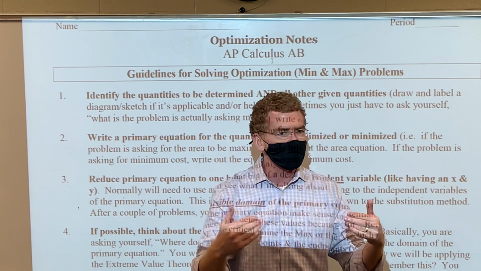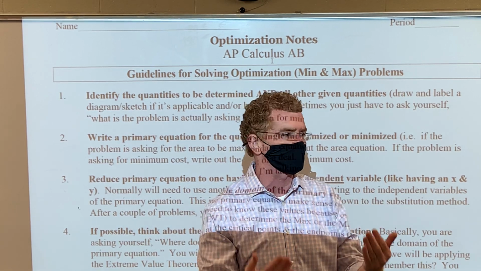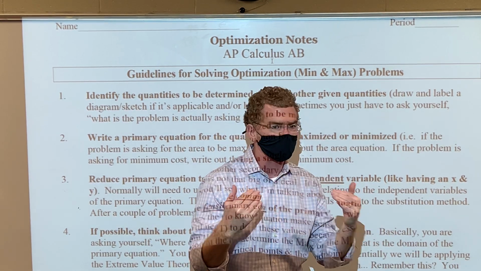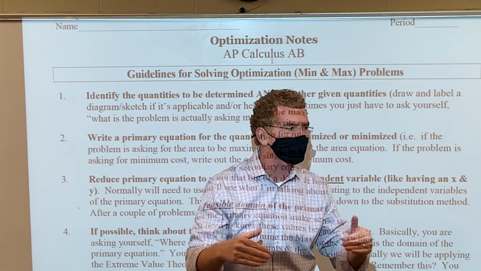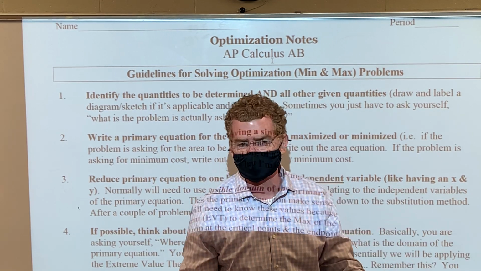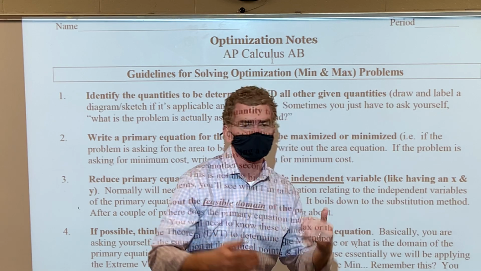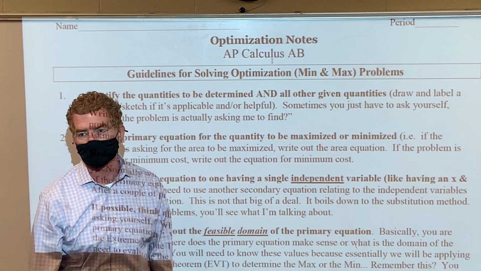We're not going to get into the complexities of the engineered side of things, but a lot of that is, how can I maximize the volume and minimize the material? And those are maybe simpler versions of what we're going to look at here as well.